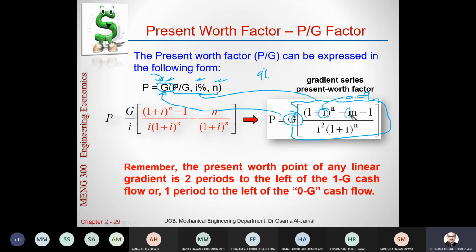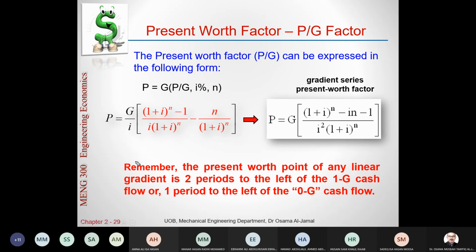And here, 0.09 squared multiplied by (1 plus 0.09) to the power N. Remember, the present worth point of any linear gradient is 2 periods to the left of the first G, or 1 period to the left of the 0G cash flow.